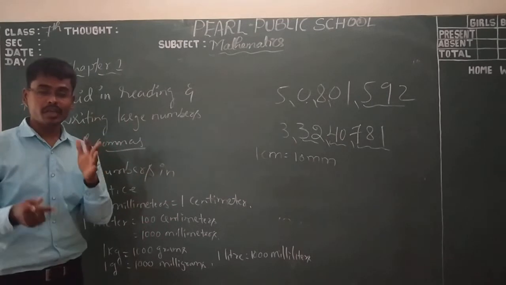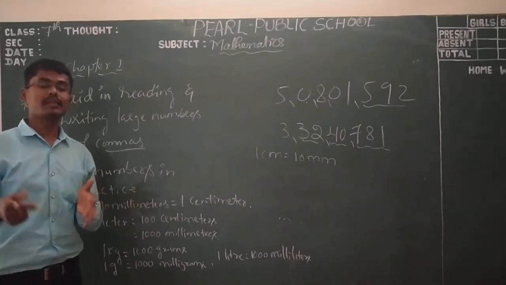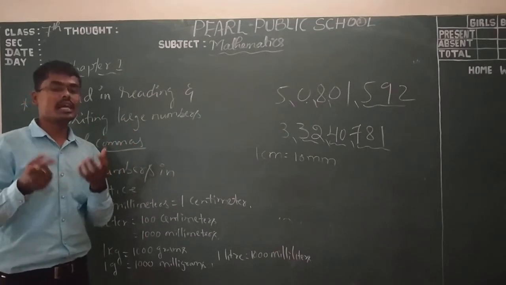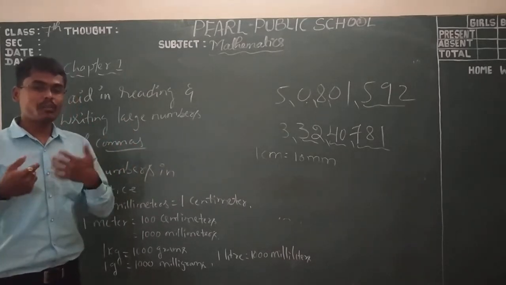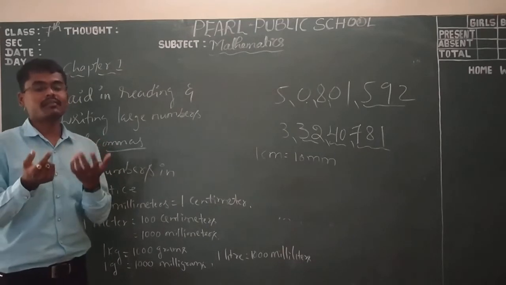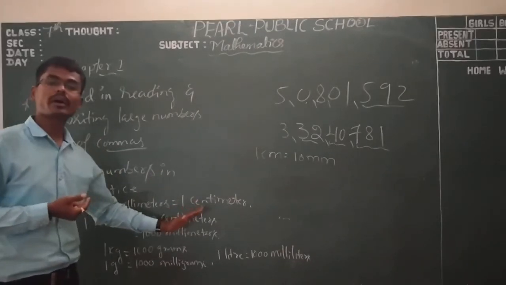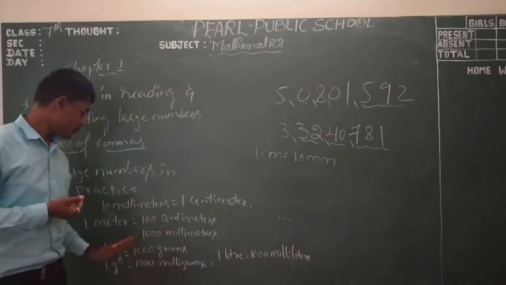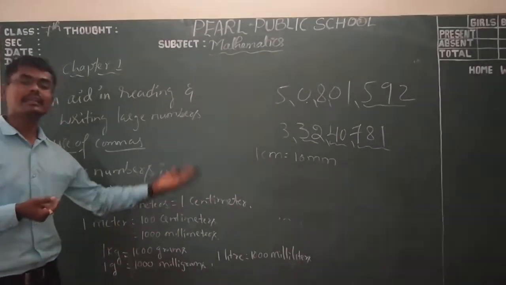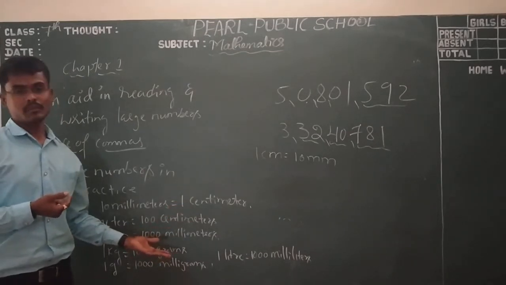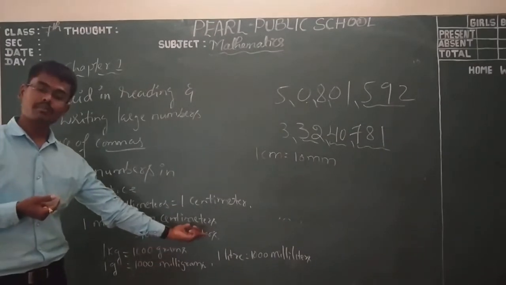For 1 meter, we have 100 centimeters. In practice, instead of calling it 1 meter, we simply say 100 centimeters, because it is very easy to convey and use. Again, I am going to express it in terms of millimeters also: 1 meter equals 1000 millimeters.